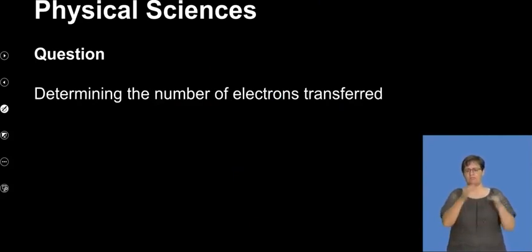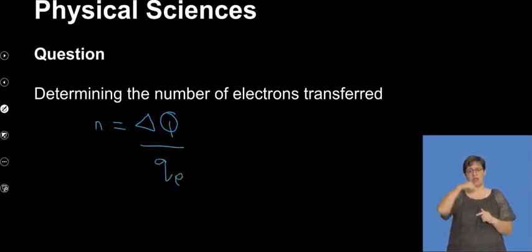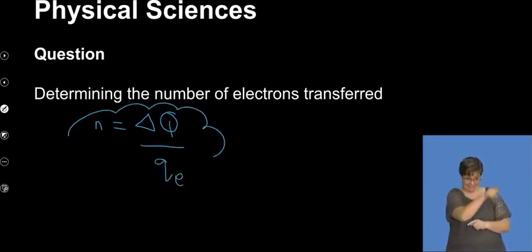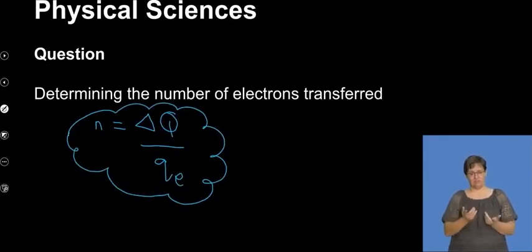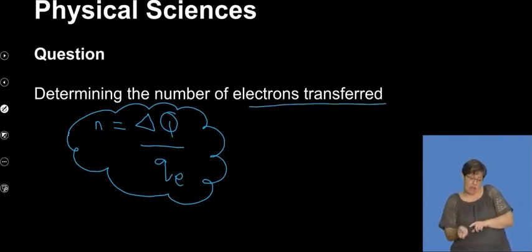Okay, so determining the number of electrons, we've done that. It's always about the quantization of charge, which is n is equal to change in charge divided by the elementary charge. So that's the big idea in as far as the fact that charge is quantized. So the change in charge of both Q1 and Q2 during the transfer has to do with the number of electrons that were transferred. That's the main idea in as far as this problem is concerned, right?